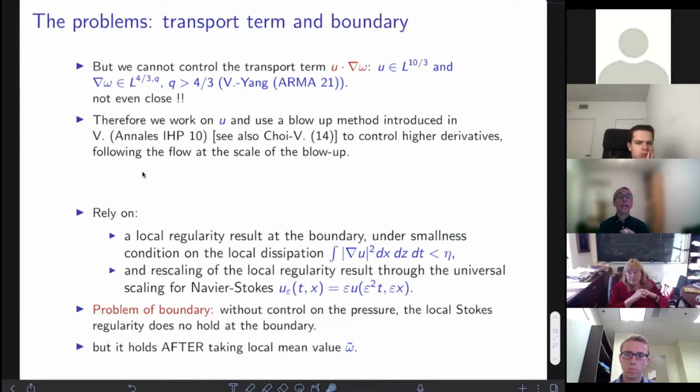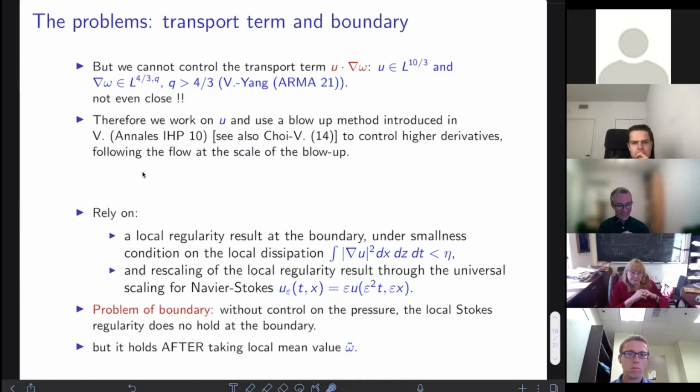So now it won't be on any point inside, you do this on the boundary. You say that locally above the boundary, if you control the viscosity, then you control the regularity inside. And then when you have that, you play with the scaling of the Navier-Stokes equation, right? So it's the epsilon, because it's now a regularity result at the level of Navier-Stokes, so nu equal 1. So it's basically those two ingredients that we use.